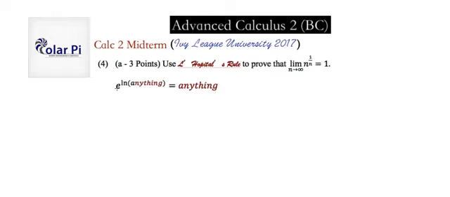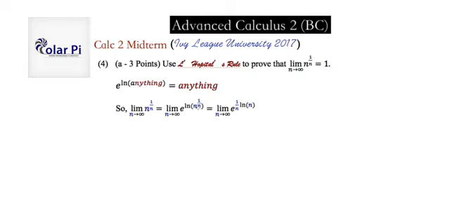That's to say that because e and ln are inverses, they cancel, so to speak. Using this property, we can write the original question in this way. All I've done here in the middle is exploit this interplay between e and ln.